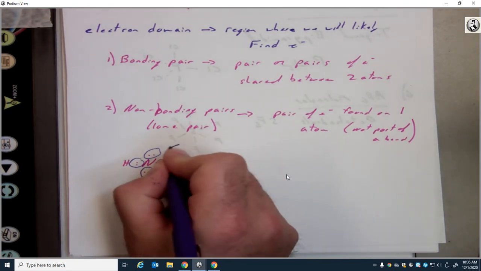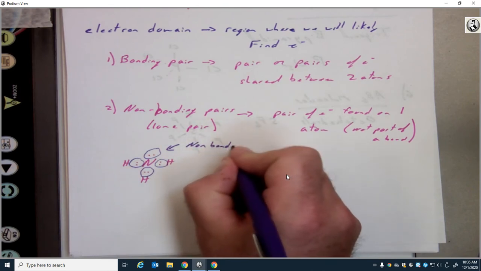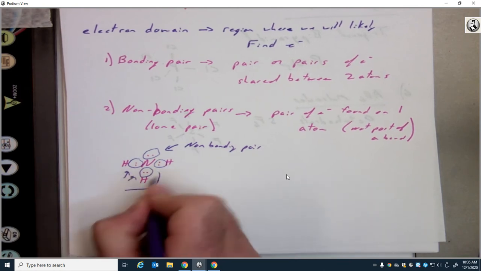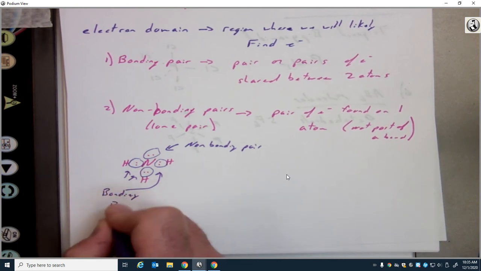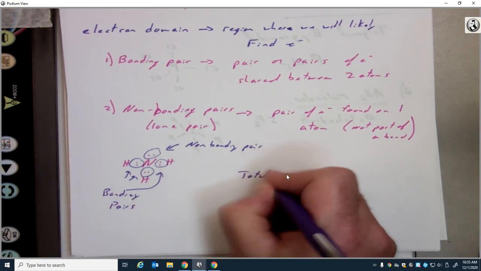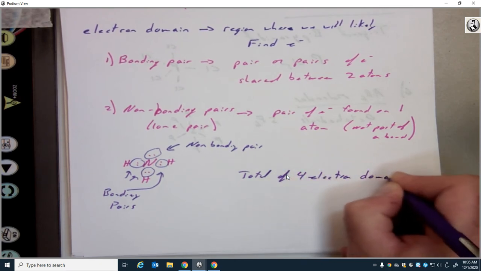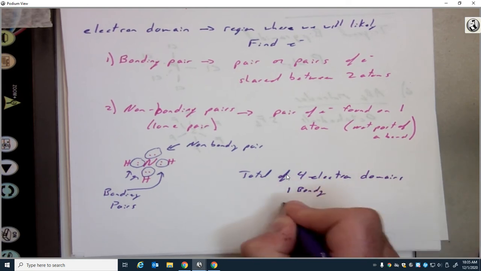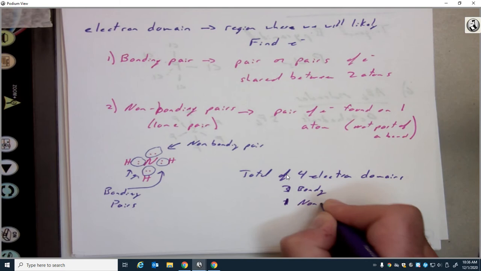So this up top is what's called a non-bonding pair. This one, and this one would be bonding pairs. So we have a total of 4 electron domains. 3 of them are bonding, and 1 is non-bonding.